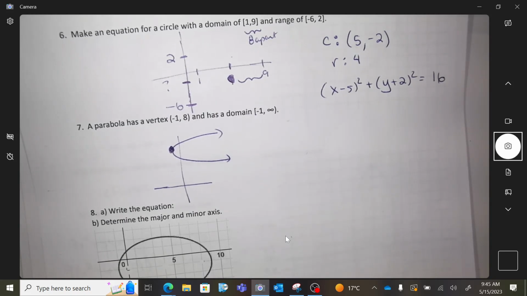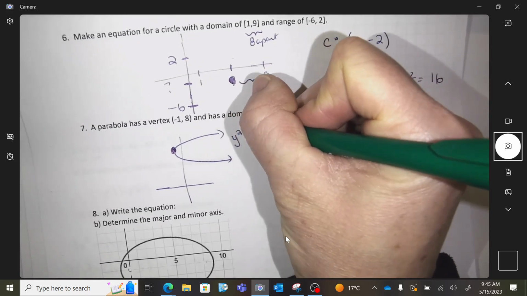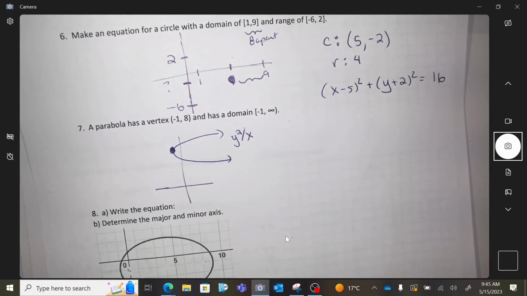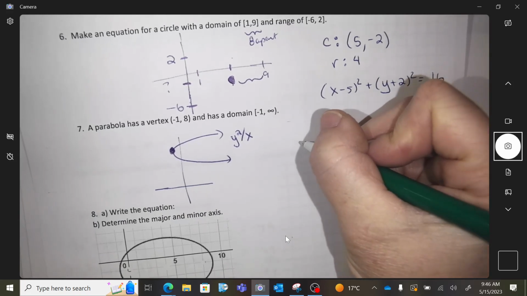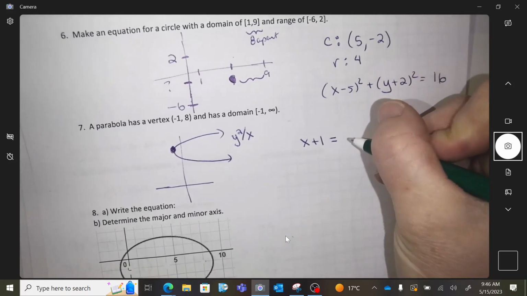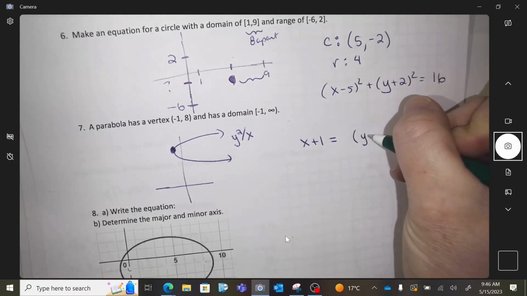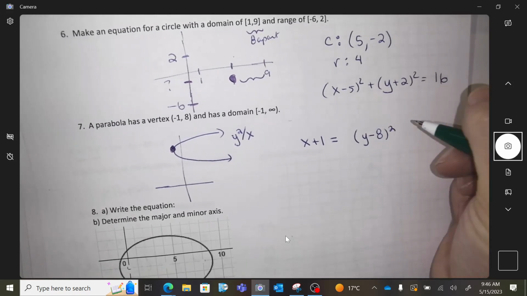So this is going to be a parabola that's horizontal, so I'm going to need to have a y squared and an x. I can't have an x squared in this one. So x plus 1 equals (y minus 8) squared.